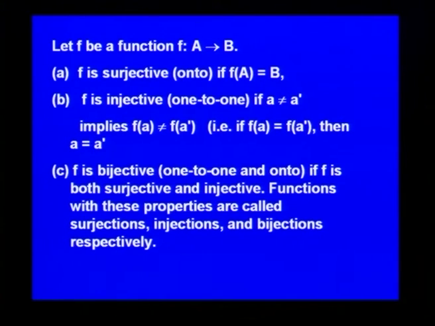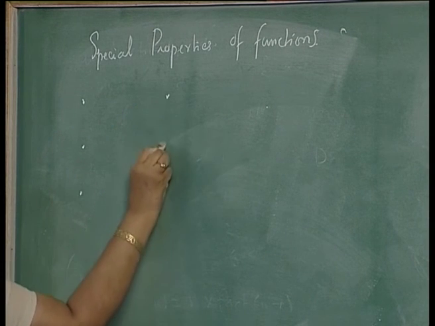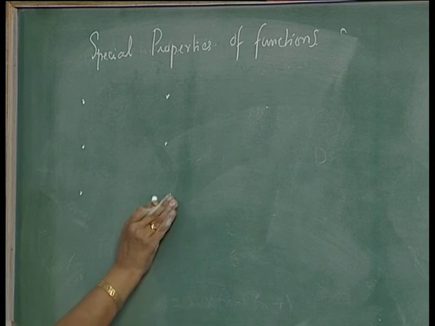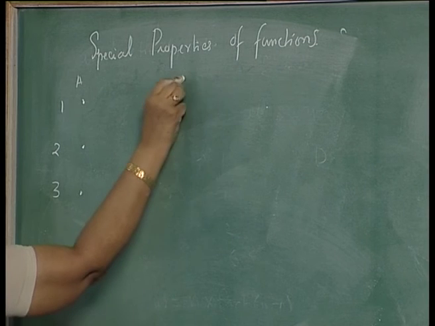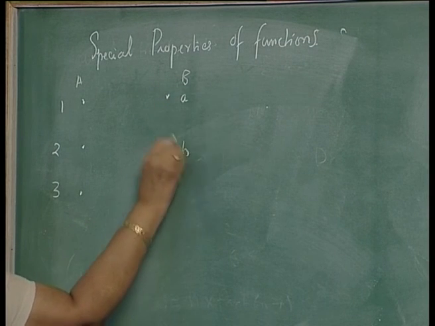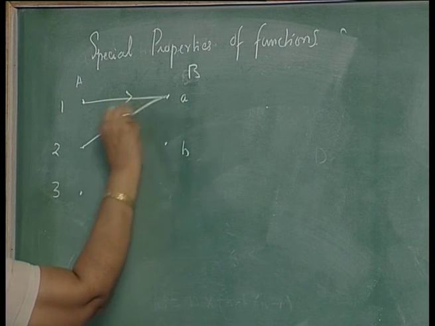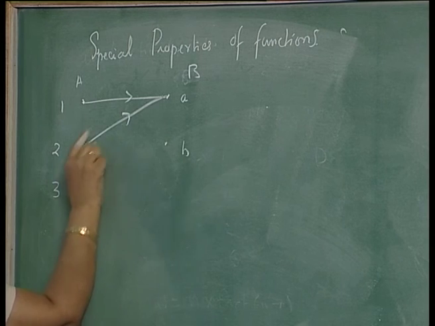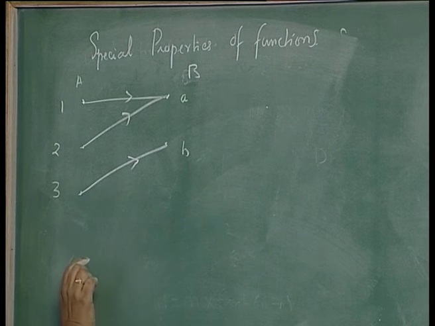Let us consider some examples, first with finite sets, then other sets we can consider. Look at this: 1, 2, 3 from A to B, where this is the set B. 1 is mapped onto A, 2 is mapped onto A, 3 is mapped onto B. This is the domain, this is the codomain.